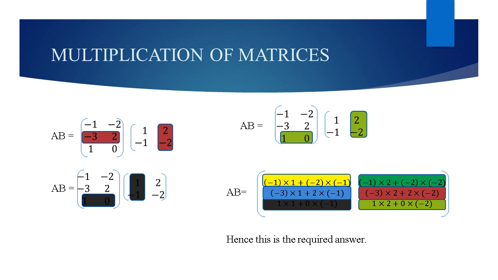So you can see it again: yellow row and column multiplied to get the yellow element, then dark green row and column are multiplied to get the element in green, then blue row and blue column are multiplied to get the blue element, then pink row and pink column to get the pink element, gray row and gray column to get the gray element. Next, last, green row and green column are multiplied to get the result in green. Here I have not solved, you have to solve it on your own and tell me your answer.